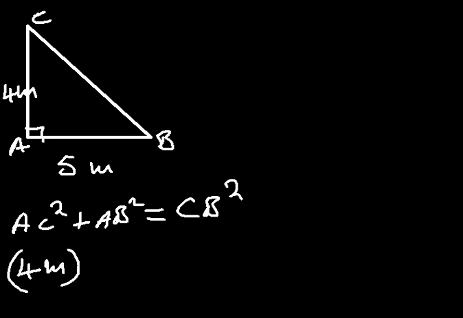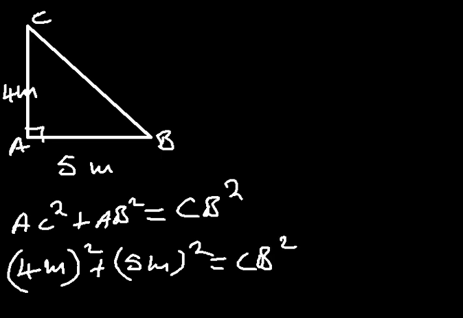So we have 4 meters square, plus what is the AB? It should be 5 meters, which is equal to CB square. This is the same as 16 meters square plus 25 meters square, which is equal to CB square.